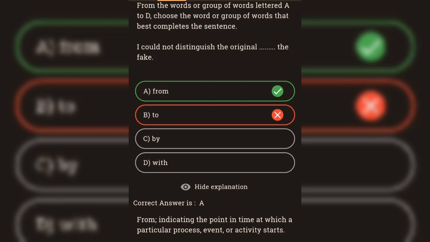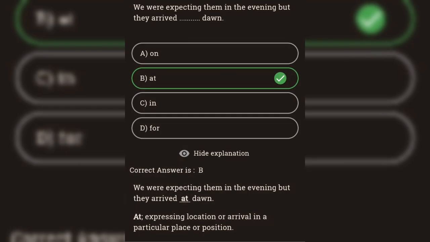Okay, another example. We were expecting them in the evening, but they arrived at dawn. That is exactly at dawn they arrived. So you cannot say they arrived on dawn, they arrived in dawn, they arrived for dawn, but they arrived at dawn. Remember, preposition at is a preposition of time.